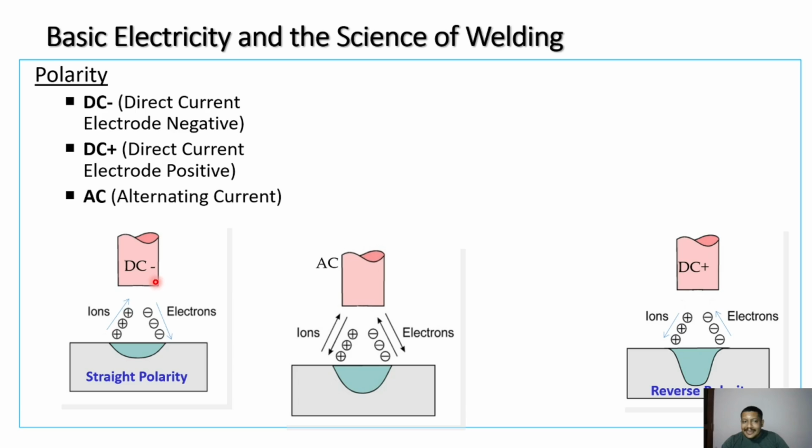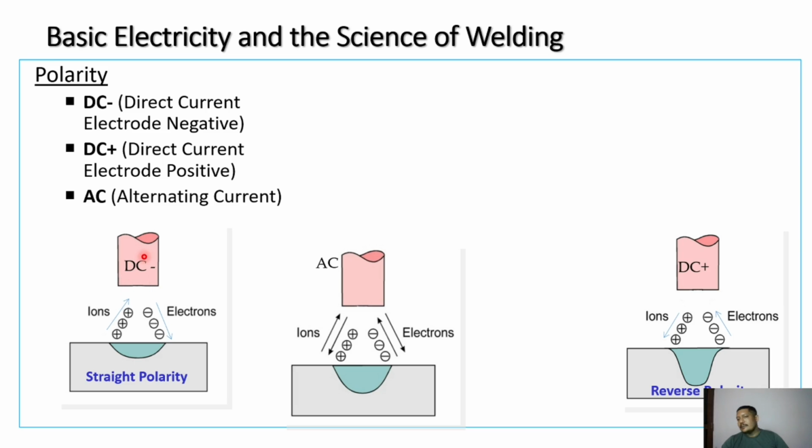As a result, the size of your droplet will be larger, and you will obtain a wider bead weld profile. In this case the penetration is lesser but the width of your bead is higher. That is the case of DC negative.